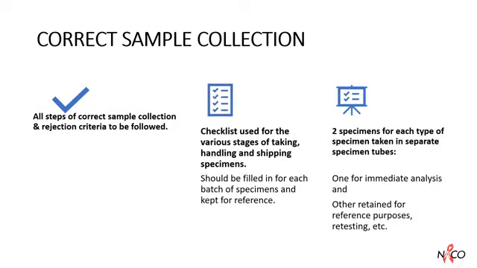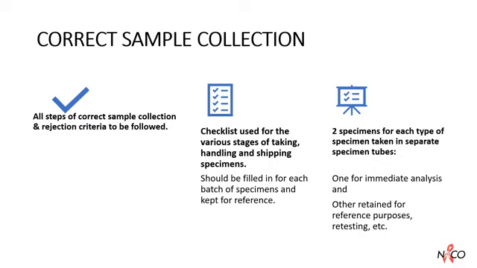For correct sample collection, all steps of sample collection are to be followed to avoid inappropriate or inadequate sample. Sample rejection criteria must be applied unless sample is precious, for example, in cadavers. A checklist must be used for the various stages of taking, handling, and shipping specimens.